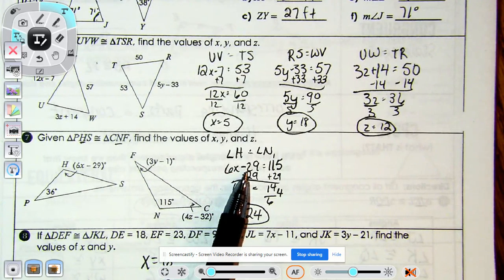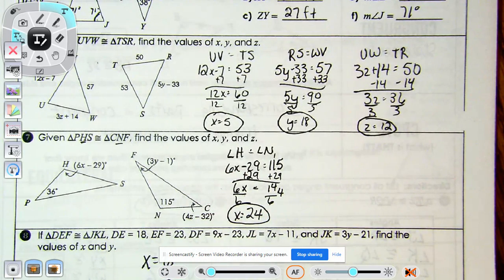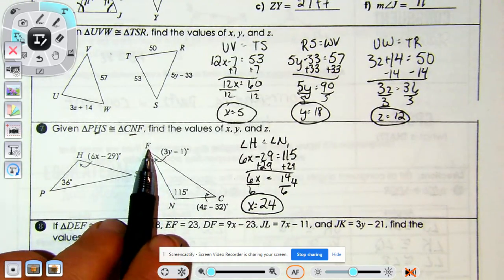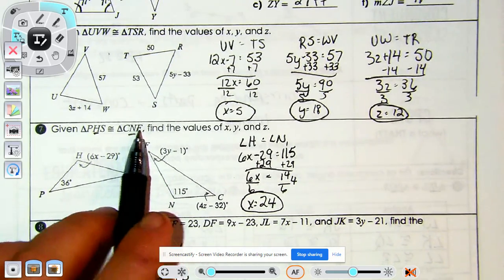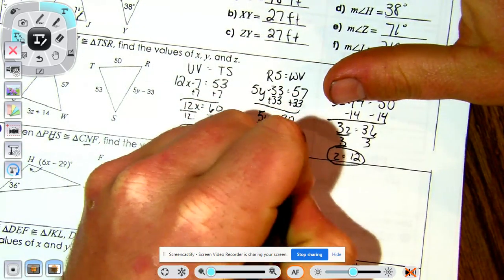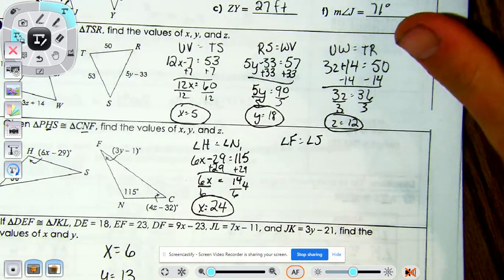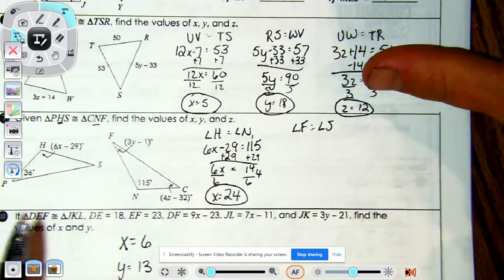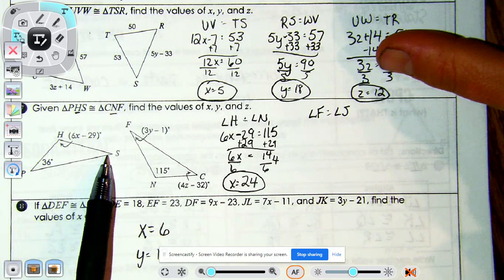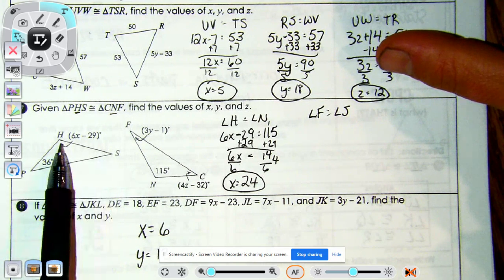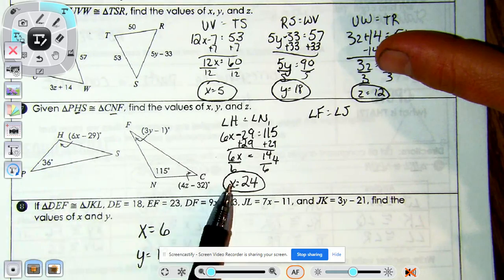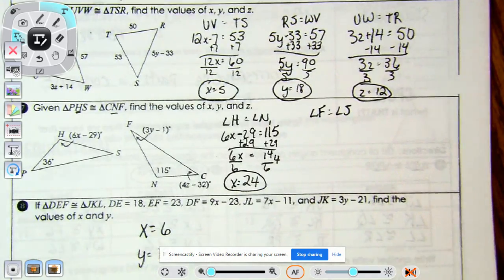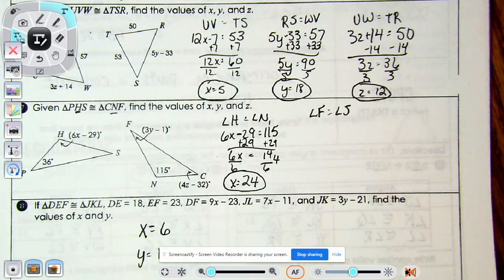So the next thing they wanted me to solve for was y. So that works with angle F. What's the congruent angle with angle F? It would be S. Angle F is congruent to angle S. Plug in what I know. Well, I do not know what angle S is particularly over here, but how could I solve for it? I just solved up here and found the X value for H. So if I wanted to plug that back in, what do we say we should get? 115.